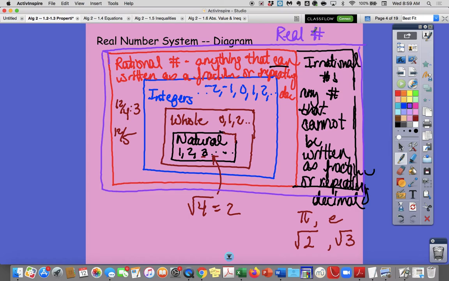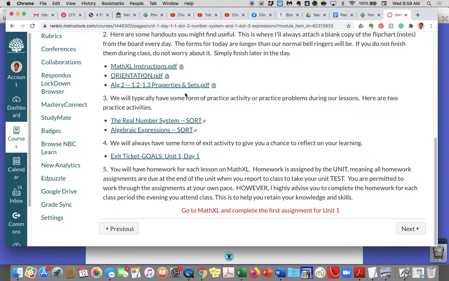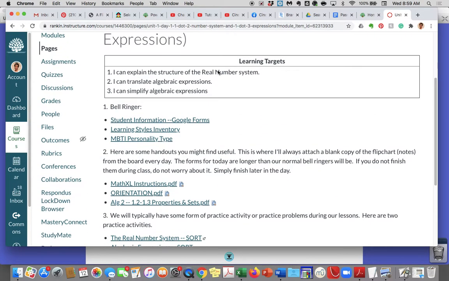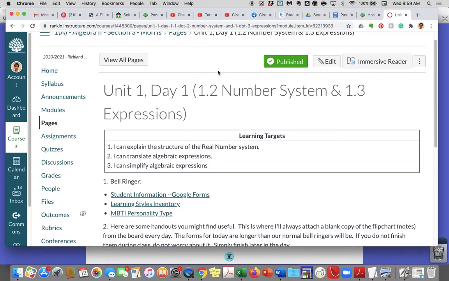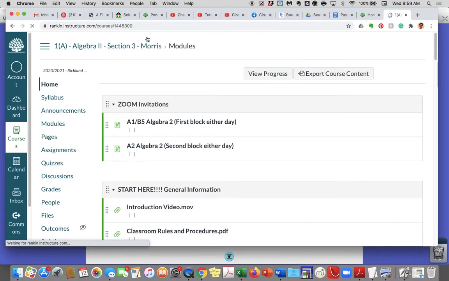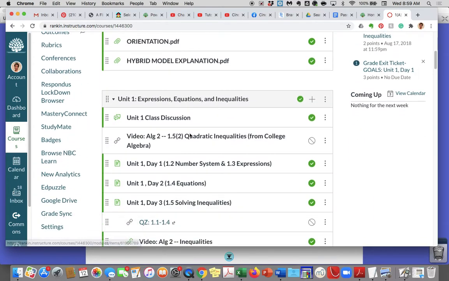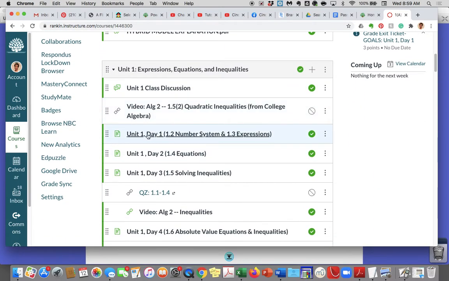Now there is an activity on Canvas that I want you to go to. Let's see if I can get there. Okay, this is the teacher view, so yours will look slightly different. But if you go to your Canvas course, and then you go down to Unit 1, and then you find Unit 1, Day 1, and see it says Number System.